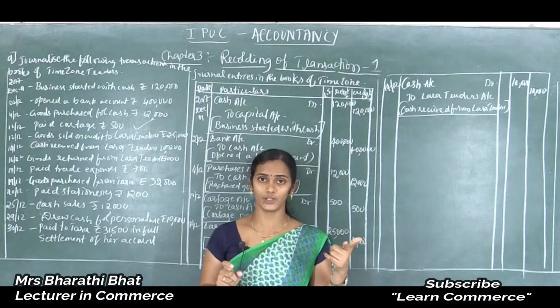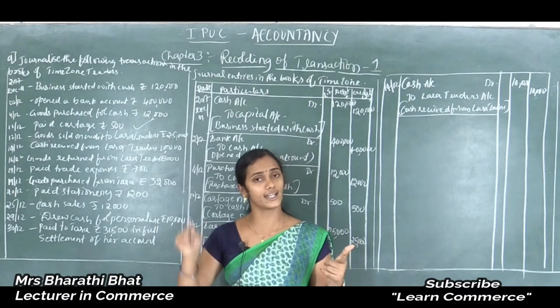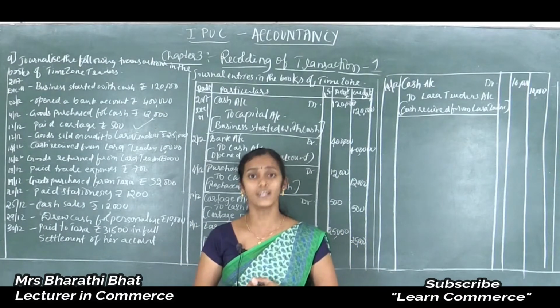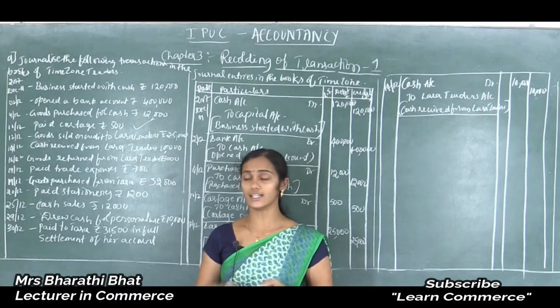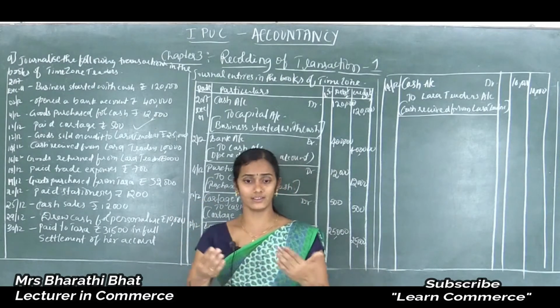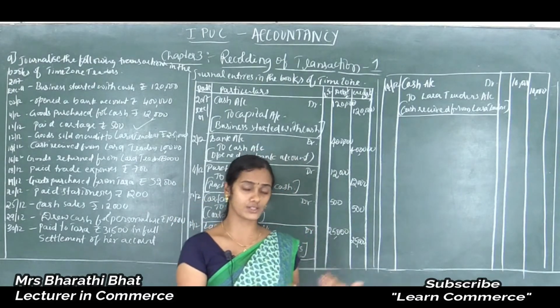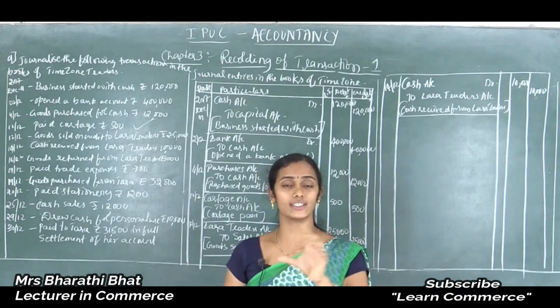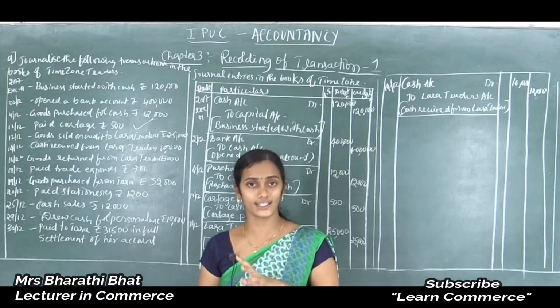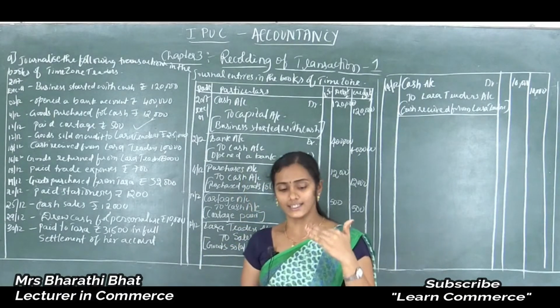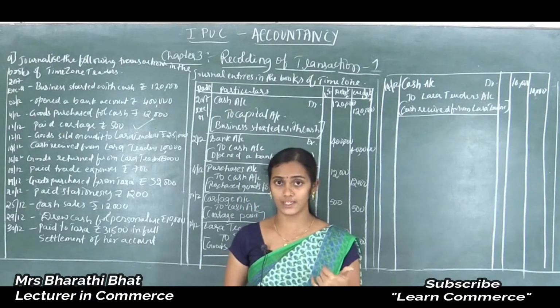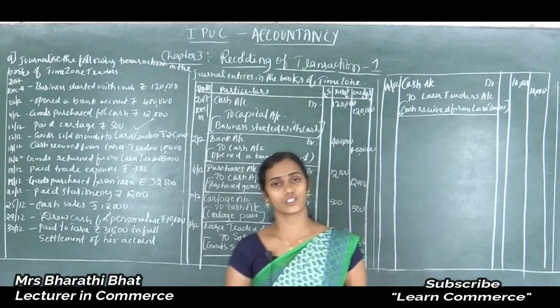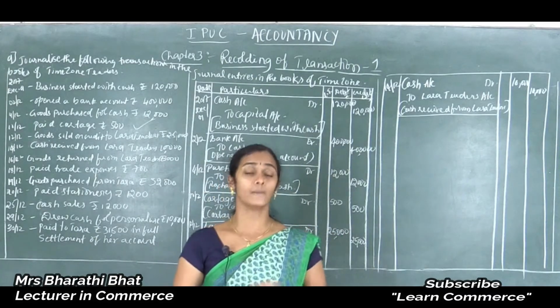Increases in revenue are to be credited, decreases in revenue are to be debited. When a customer returns goods to the seller, it means a reduction in revenue. So a decrease in revenue is to be debited, and the sales return account is debited.